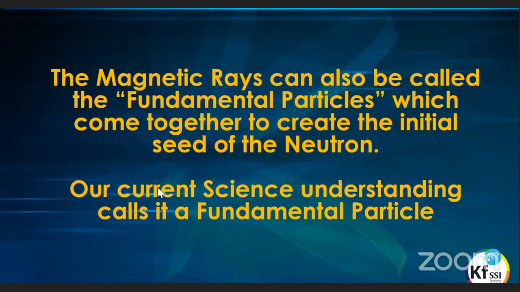And our current science and understanding will call it a fundamental particle, but it's just the interaction of these magnetic rays that will lead to everything that we see around us. It's this interaction and forming a dynamic interaction between all these fields that creates, and under certain conditions will manifest, what is needed in that condition.